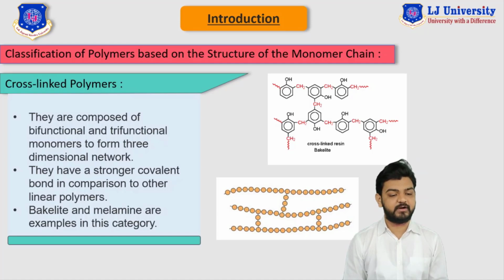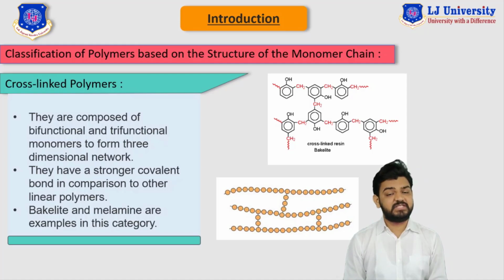They have relatively strong covalent bonds between their monomeric units. Bakelite and melamine are the classic examples of these cross-linked polymers.